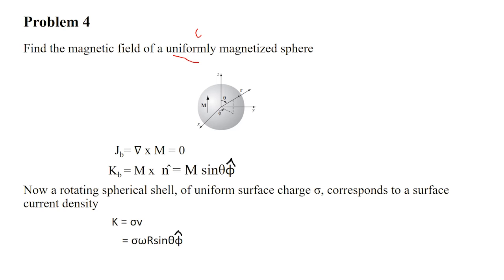Next we have to find the surface current, where M cross n cap is equal to M sin theta, phi cap.